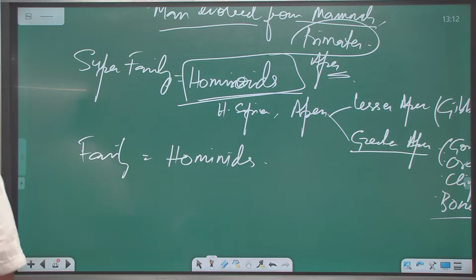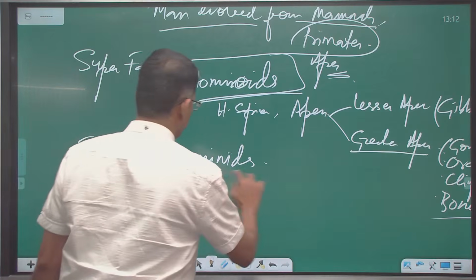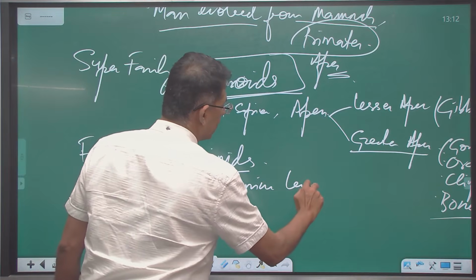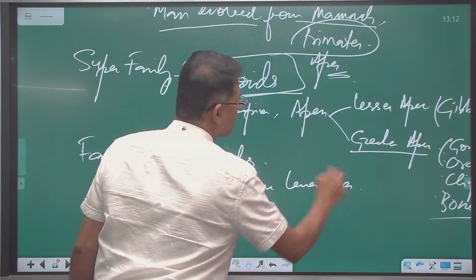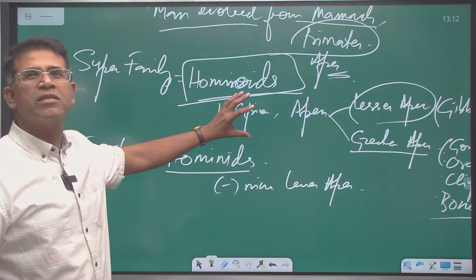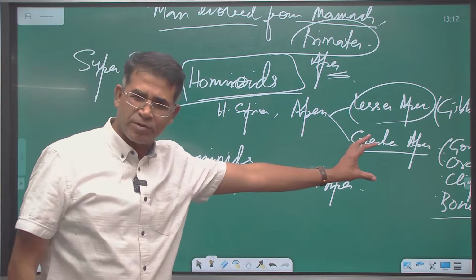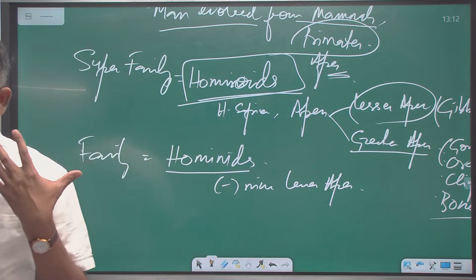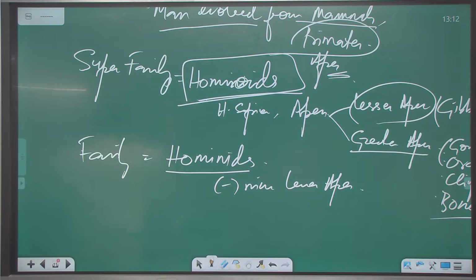Hominoids, hominids. Hominid is minus lesser apes. आप इसको हटा दो. Homo sapiens sapiens plus greater apes. We call those as hominids. The man evolved from hominids.